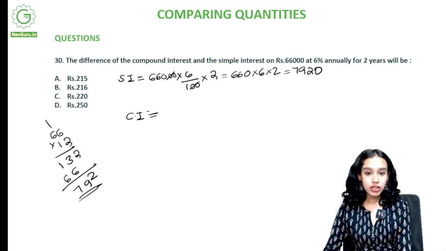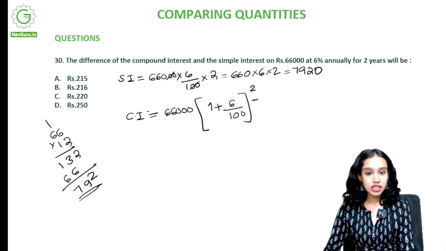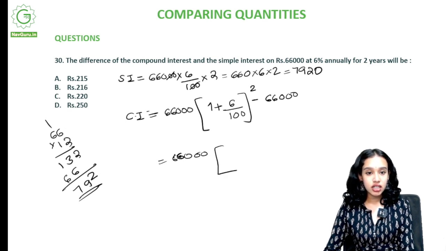Now the compound interest. What is compound interest here? We have principal to be 66,000 into 1 plus rate, which is 6 by 100, whole raised to the time, which is 2 years, minus 66,000, right? So 66,000 into 100 plus 6, we could cut it down to 3 by 50, right?